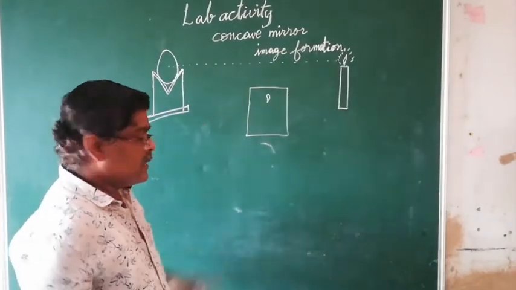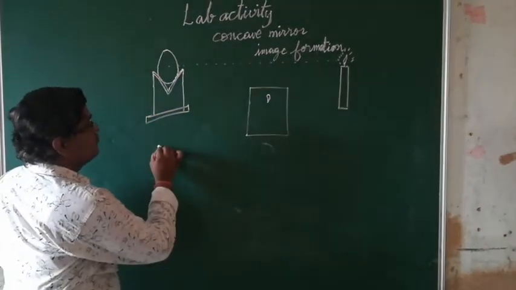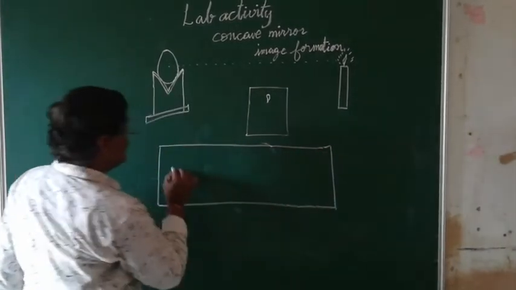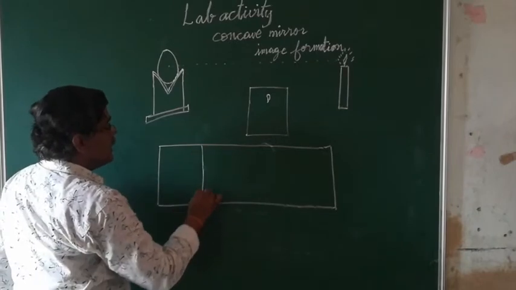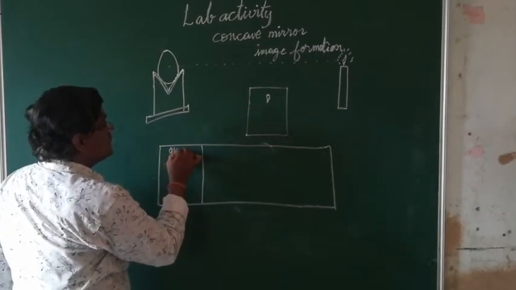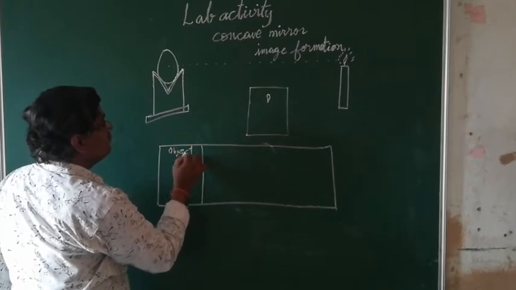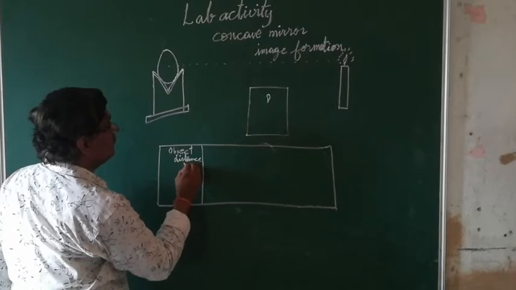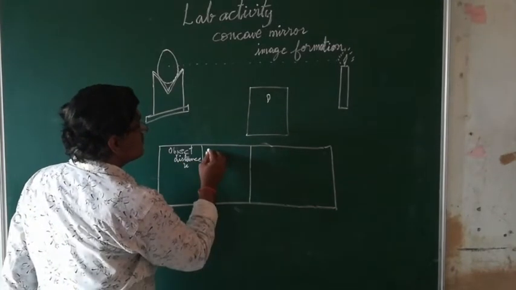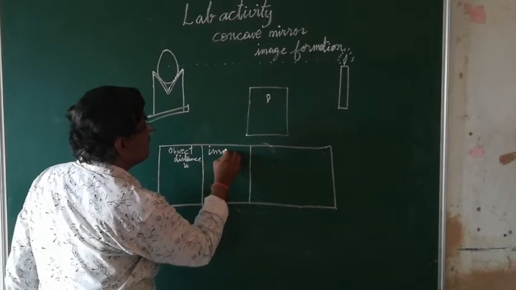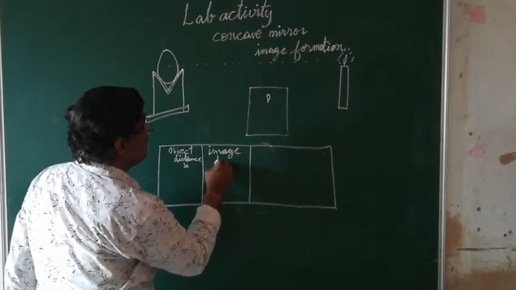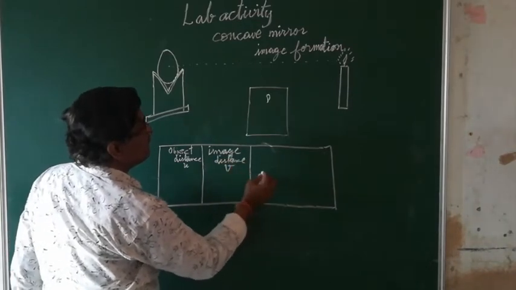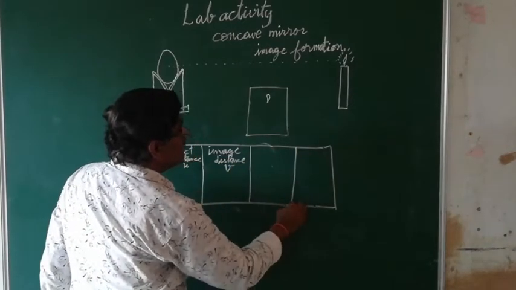These observations we can tabulate in a table. We need a tabular column. In that we can write object distance, image distance, V, and the image character.